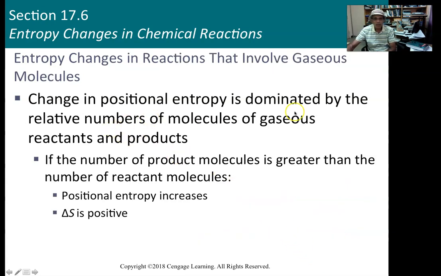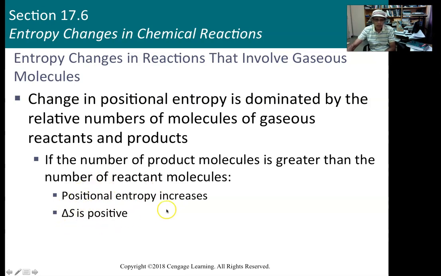So change in positional entropy is dominated by the relative numbers of molecules of gases, reactants, and products. If the number of product molecules is greater than the number of reactant molecules, the positional entropy increases, and delta S is positive.